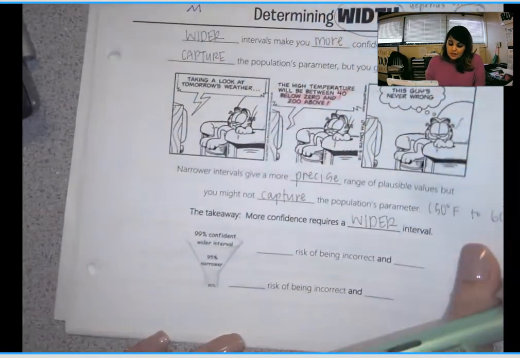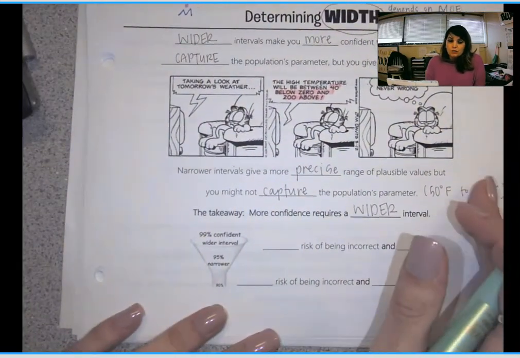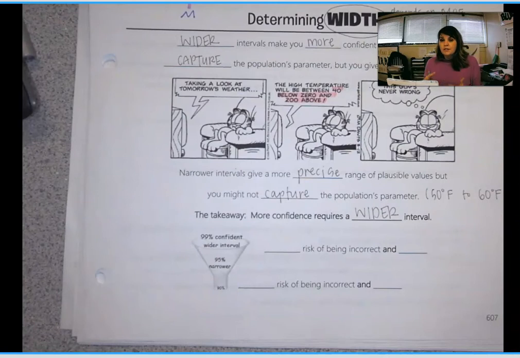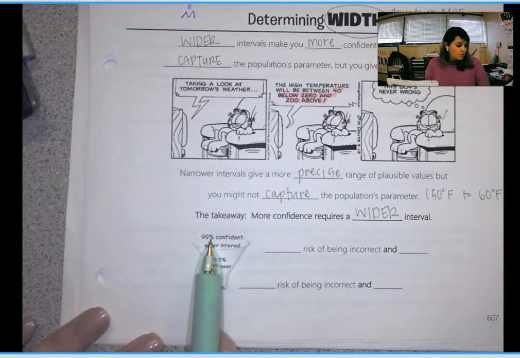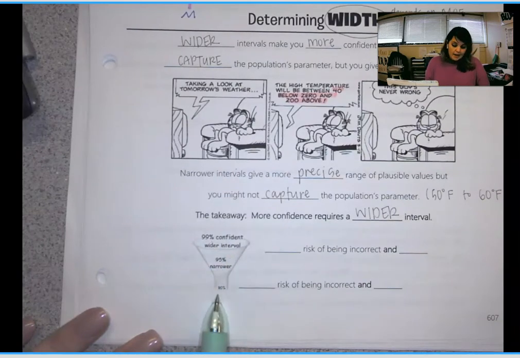This funnel is a really good visual of what we're talking about here. Notice the top, the widest part, is 99% confident. And as we move down, the most narrow part is 90% confidence.